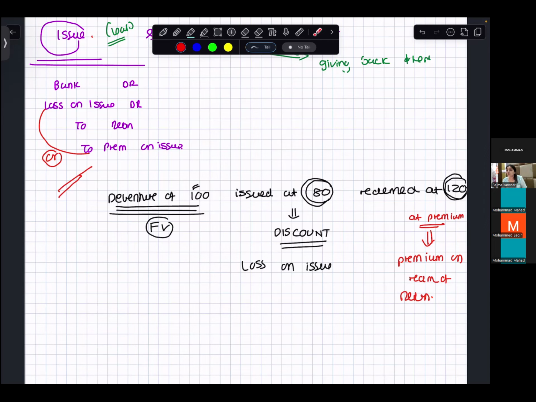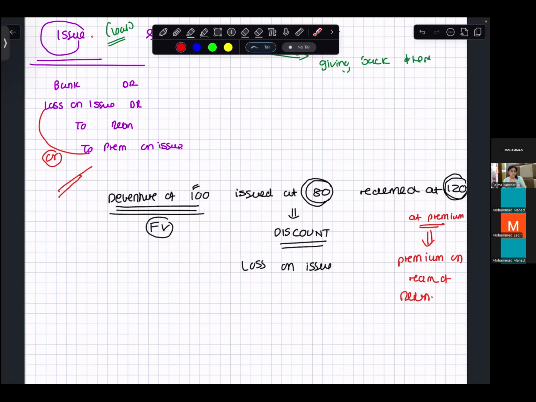It is called what? Premium on redemption of debentures. So premium on redemption of debentures is what? It's basically what you will pay them back. Is it a loss for you or a gain for you?